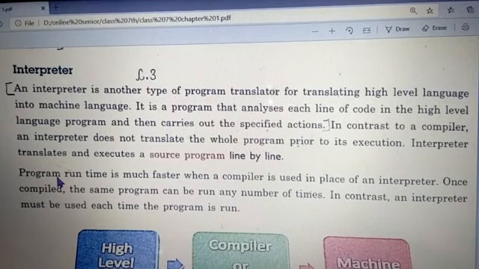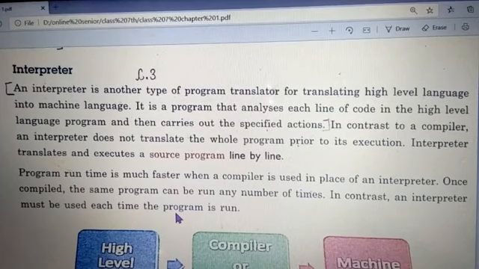Program runtime is much faster when a compiler is used than when we are using an interpreter. So the interpreter is slower than the compiler, and once compiled, the same program can be run any number of times. In contrast, an interpreter must be used each time the program is run. So whenever you want to run the program, the interpreter has to be used.